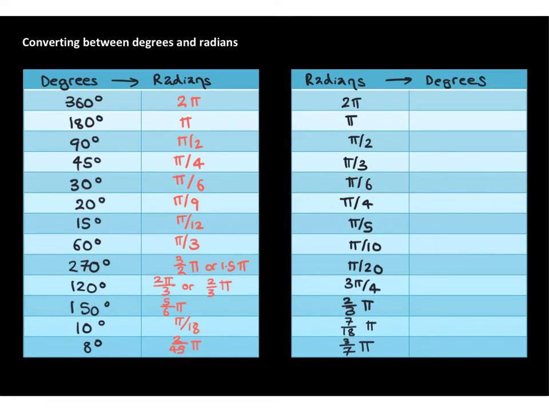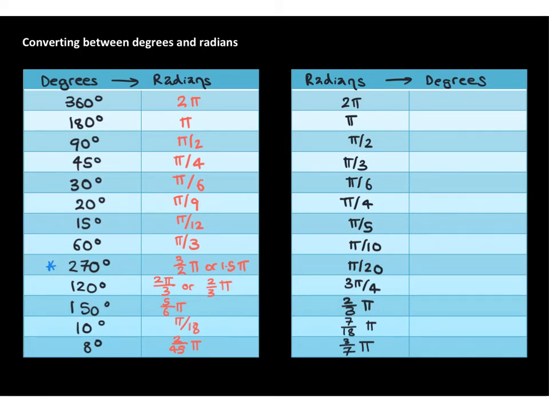So here are the answers to the first set of questions. You can see they're all fractions of or multiples of pi. Now, just a few things to point out. If you look at this example here, 270 degrees, sometimes we might write it as a decimal multiple of pi. So rather than 3 over 2 pi, we might write 1.5 pi.